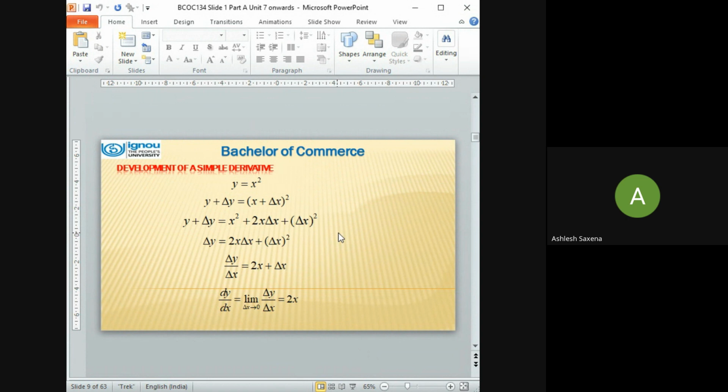What I have done is replaced this y by x square. As soon as I replaced it, this x square and this x square got cancelled. Now you are left with delta y equal to 2x delta x plus delta x whole square.